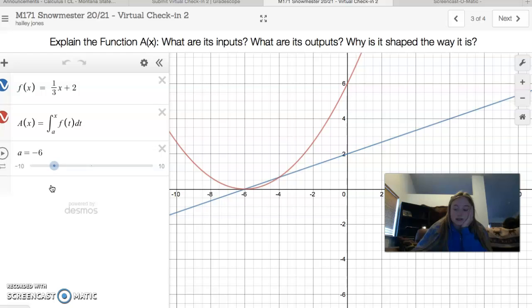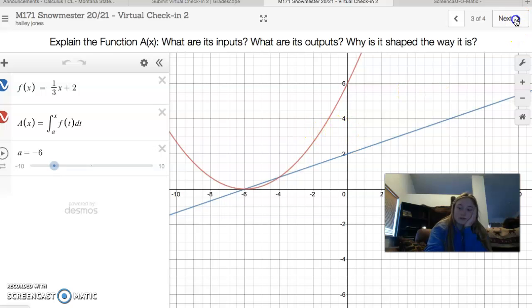The input is a, and the output is what is happening to the graph. And I think that when a equals -6 right here, it looks like this because that's the endpoint of the integral, because it goes from x to a. That's pretty much all I could think of for this one. I don't really know what else to say for it.